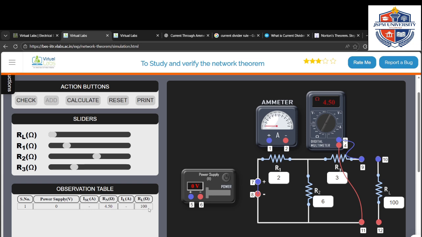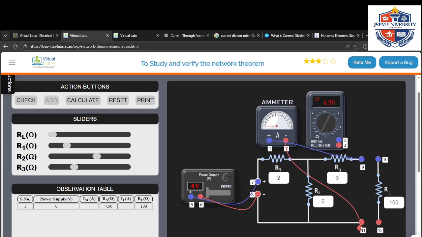What is the next step? The next step is to open the terminal of the load resistance and short the terminal, and find the current flowing through that path. So for that we are removing the previous connection. Now we connect the voltage source across the input terminal, and we connect the ammeter in the short path.